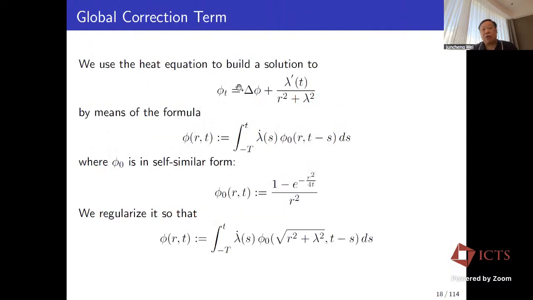So the idea is to solve the heat equation with this right-hand side. For the solution to this heat equation, we have to choose a very special solution. We choose it in a self-similar form, and the reason we correct this is because we want phi to decay at infinity.